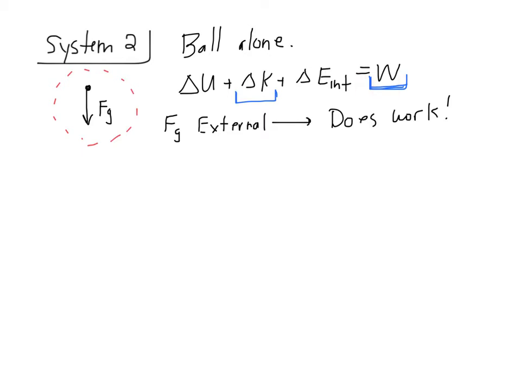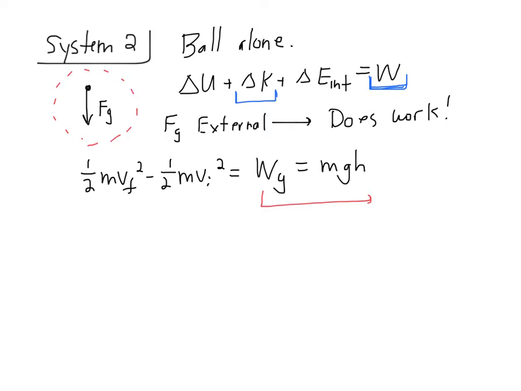Okay, so let's write that down. The change in kinetic energy is just as it was before, 1/2 m vf squared minus 1/2 m vi squared. We're going to put the work due to gravity here. The work due to gravity is mgh. A slight aside, where the heck does this thing come from? I've been writing the work due to gravity is mgh on a lot of whiteboards, and a lot of people don't know where it comes from, and that's because it's actually a little bit complicated. Really, what I'm using is the fact that the work is the change in potential energy. It's actually negative the change in potential energy.